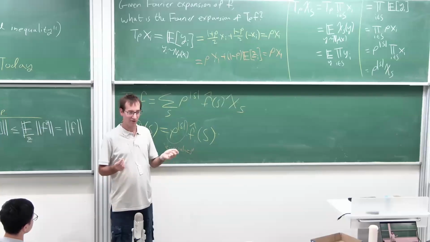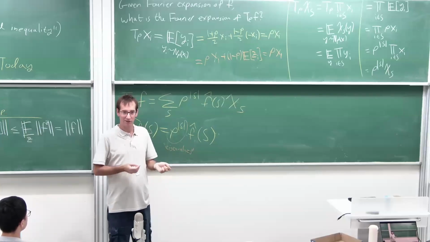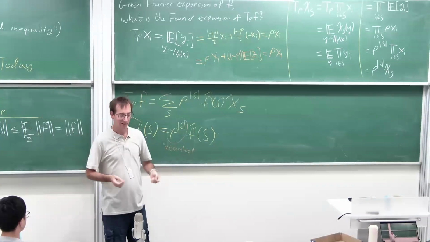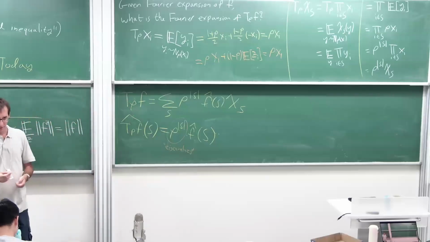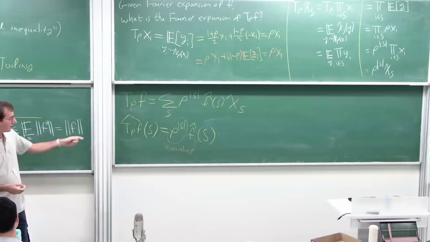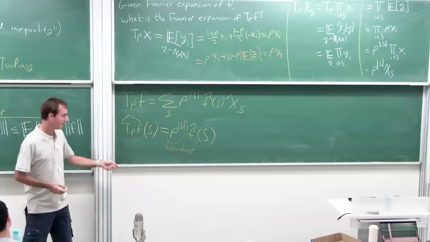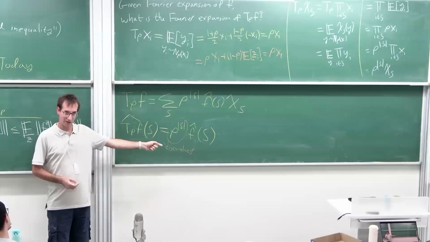If you think of this thing as just a linear operator, then it has eigenvalues and eigenvectors, which in this case we call eigenfunctions. The eigenspaces correspond to the levels of the Fourier expansion, and the eigenvalues are rho to the d. What we care about for this operator is mainly these eigenvalues, and we will see very shortly why.